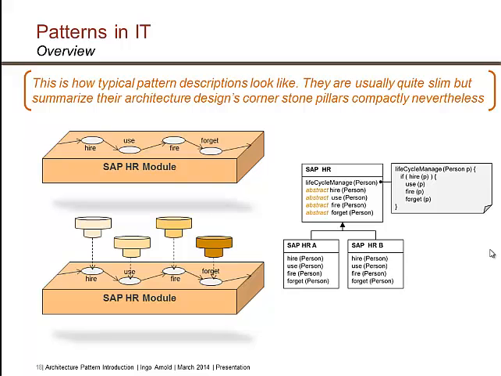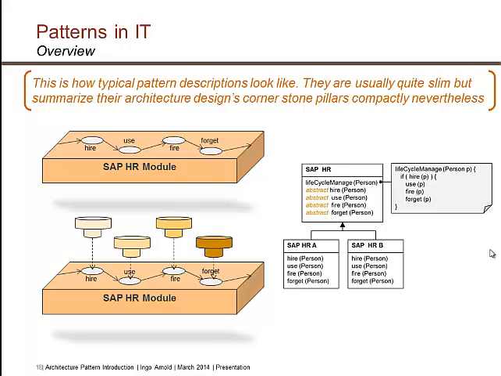In the example here, we show two different implementations of SAP HR, one for Enterprise A and another one for Enterprise B. The two are called SAP HR A and SAP HR B. The method lifecycle manage in class SAP HR obviously corresponds to the method that was called template method in the template method design pattern description on the previous slide.